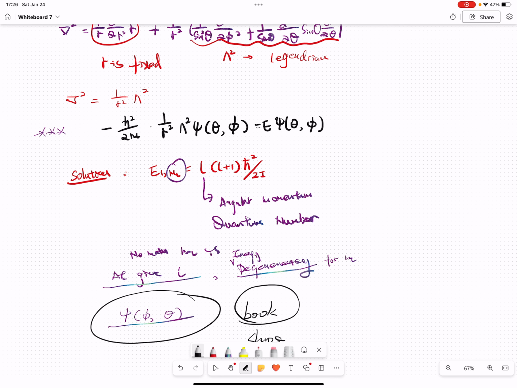And all you need to know about the energy solutions is that the angular momentum is quantized, and the magnetic quantum number does not really impact the energy if there's no external field. That's it.